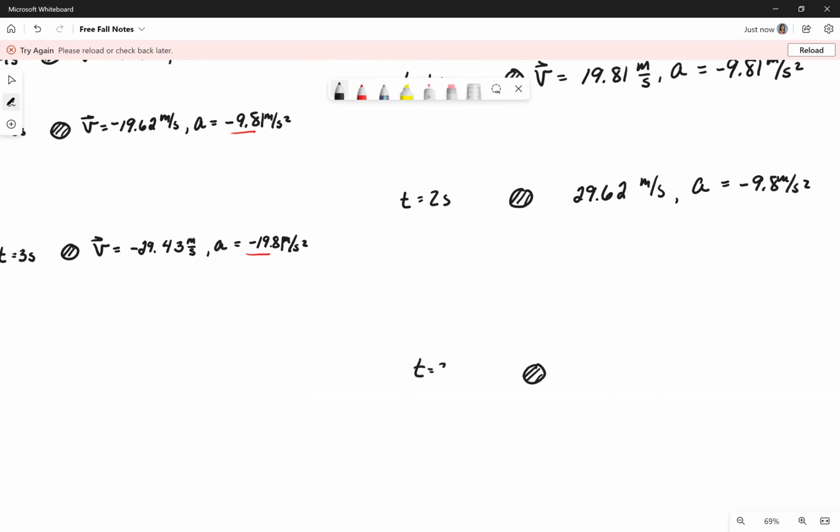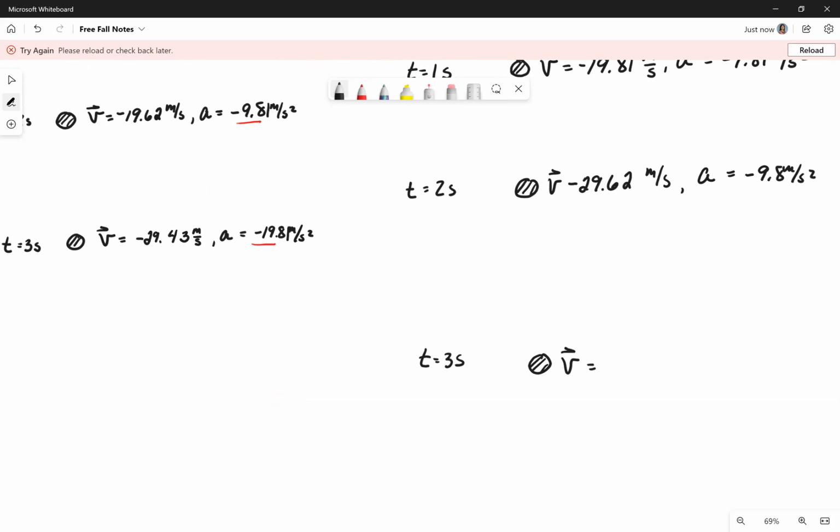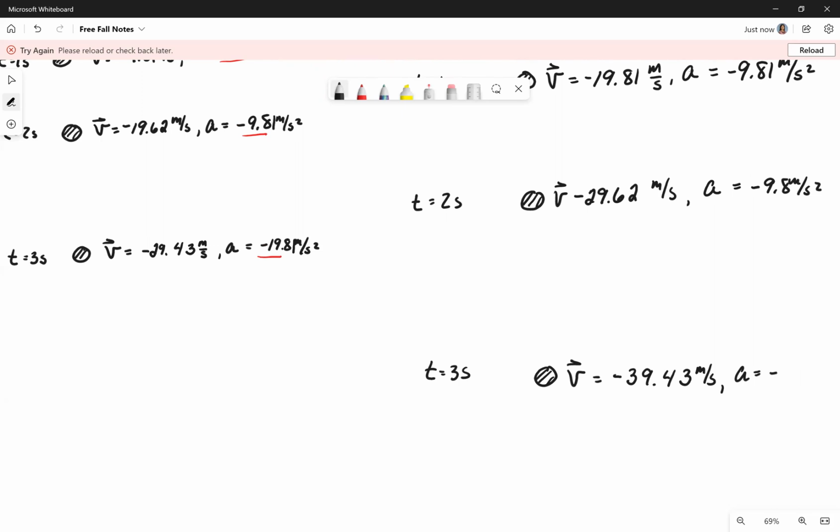So time is equal to 3 seconds, and its velocity, given a direction, we're going to add just 9.81 to that, and you'll get negative 39.43 meters per second, with your acceleration still being negative 9.8 meters per second squared.